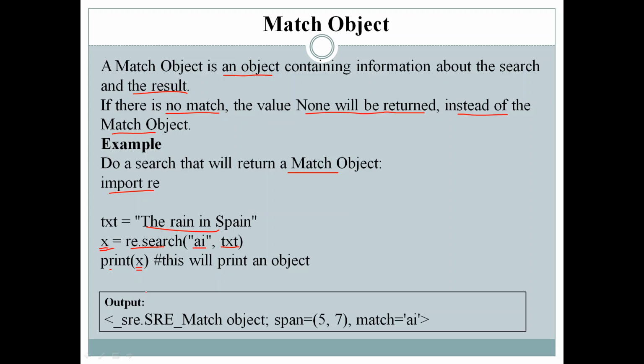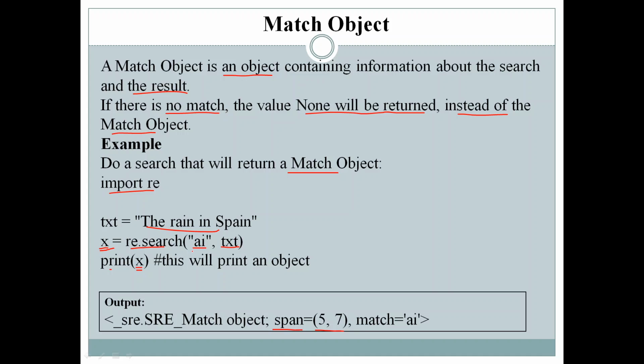And what will it print when you try to print a match object? It prints an _sre.SRE_Match object, and it prints span, meaning where the search was successful, between the index values 5 to 7. Search always returns information about the first match of the pattern.